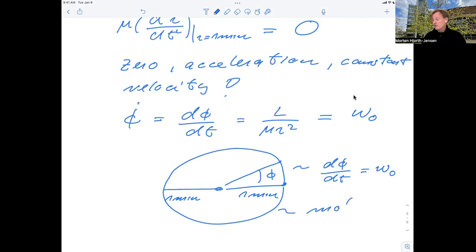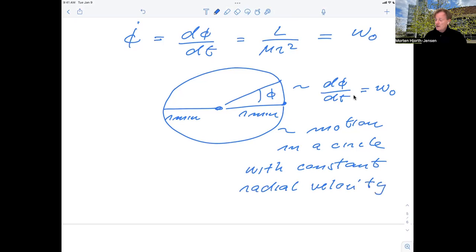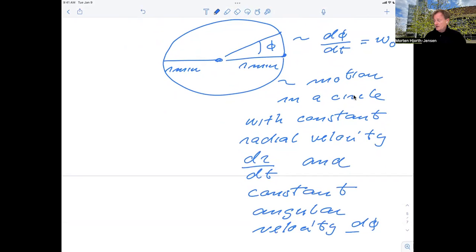So motion in a circle, with constant radial velocity, which is dr dt, and constant angular velocity of d phi dt.